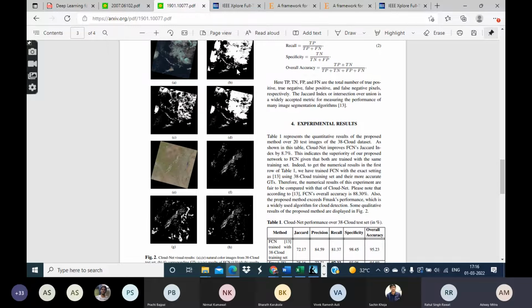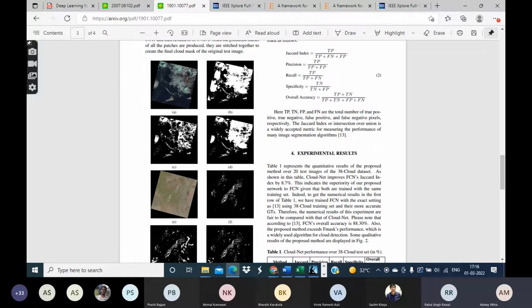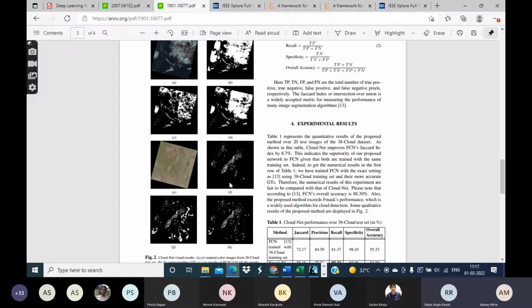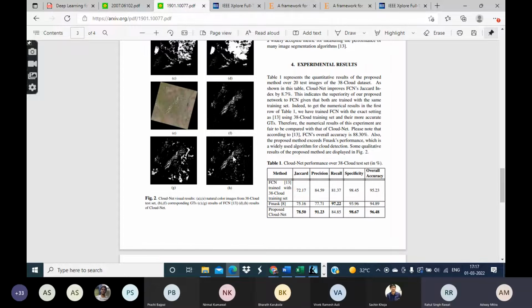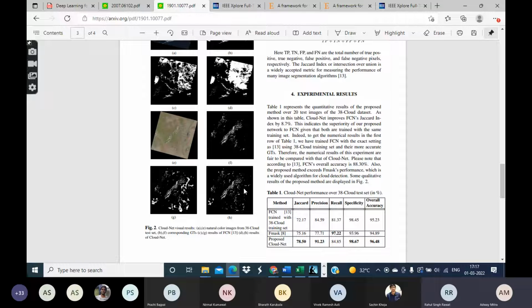That is, the white pixels indicate where the clouds are located, and the black pixels indicate no clouds. Here you can see a large part of the image is covered by clouds, but in this case the clouds are only in some small isolated pixels. And D and H are the results of their CloudNet.